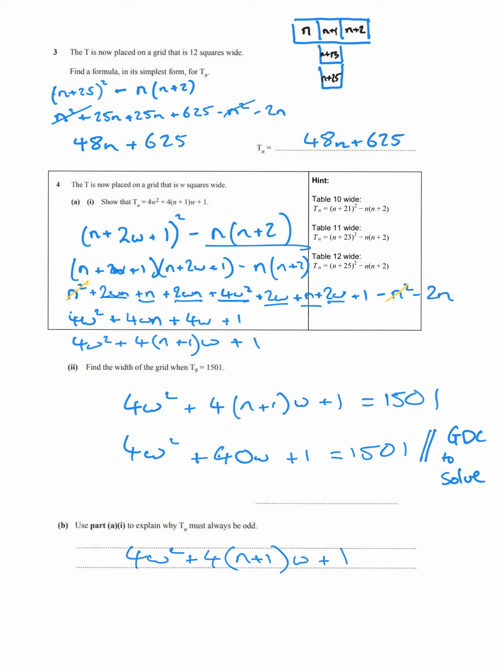Everything's being multiplied by 4, or if you like, we could rewrite this entire thing and take out a factor of 2 from here. So if I rewrite this as being 2 lots of (2w squared plus 2(n plus 1)w), plus 1. Basically, this thing, because it's multiplied by 2, is even, and so when we add 1, it must be odd.